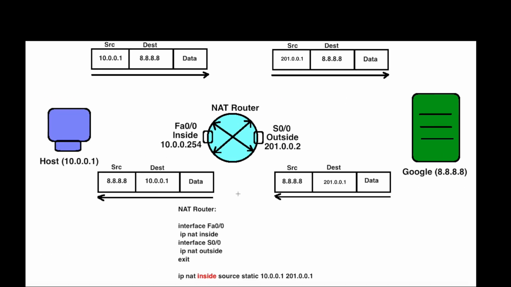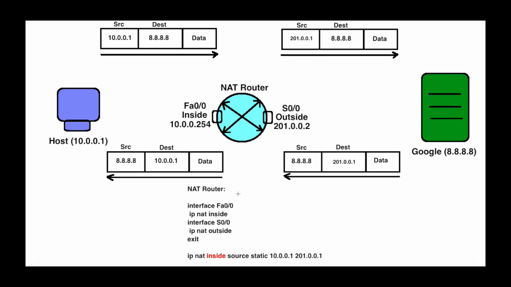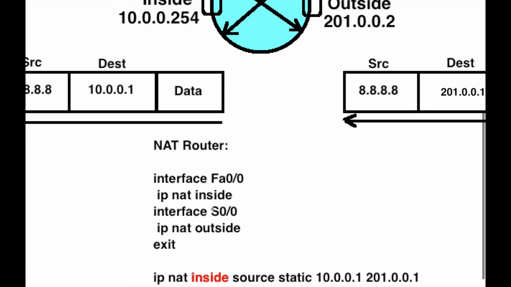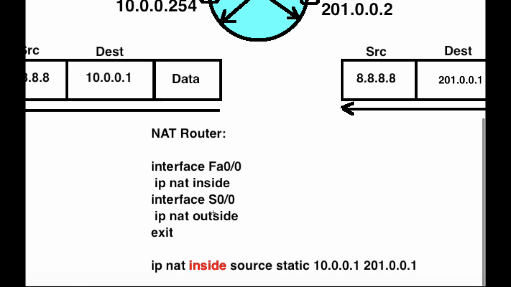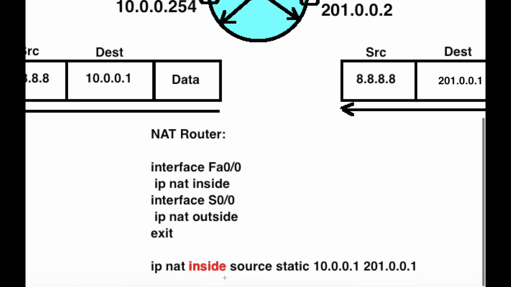What do I mean by that? For example, the host is sending a packet to the Google server, the first packet upside here. When this packet comes to the NAT router, it arrives on the FastEthernet 0/0 port, which is the inside port, and the mapping happens to be inside as well. So the port type and the mapping type are both inside.